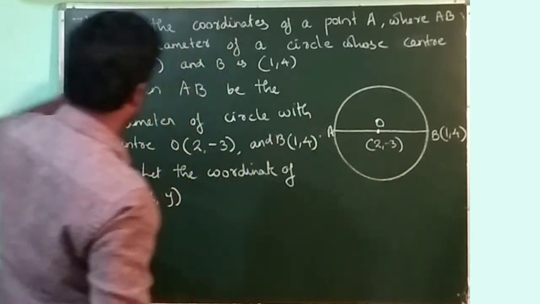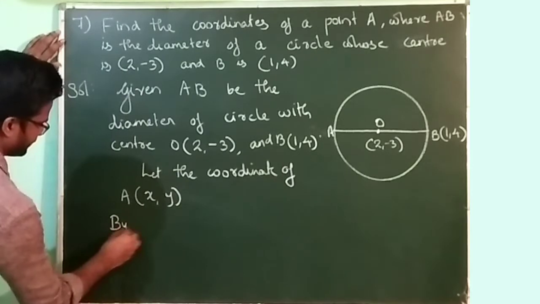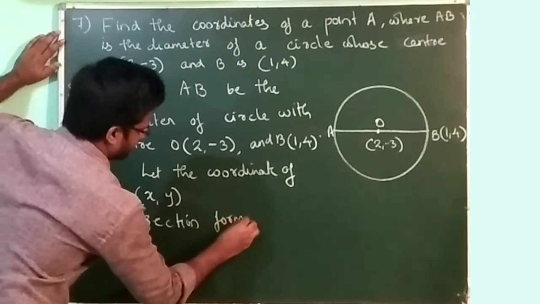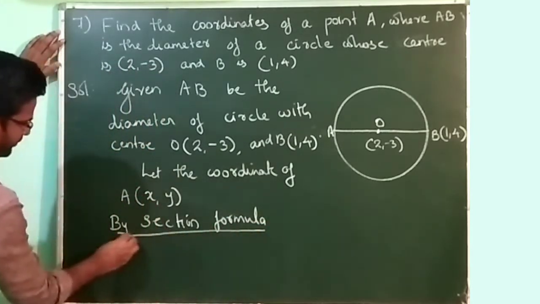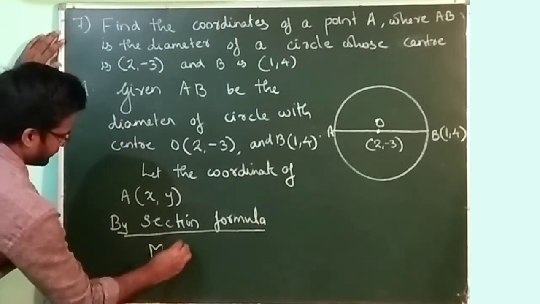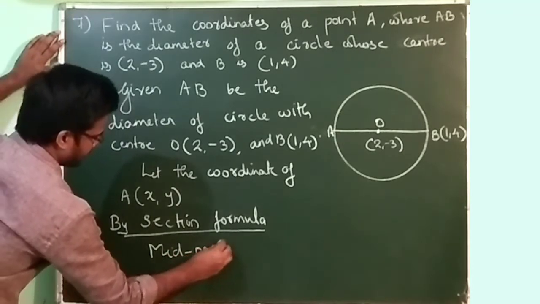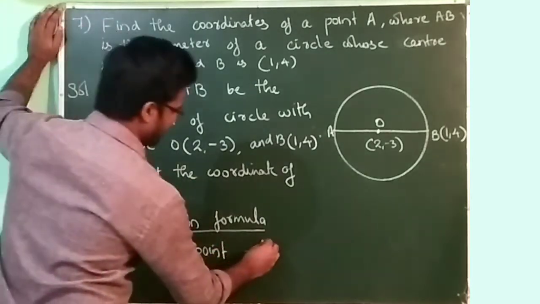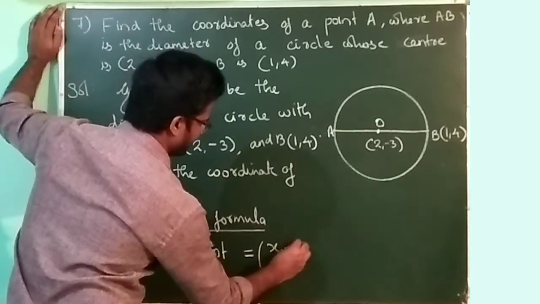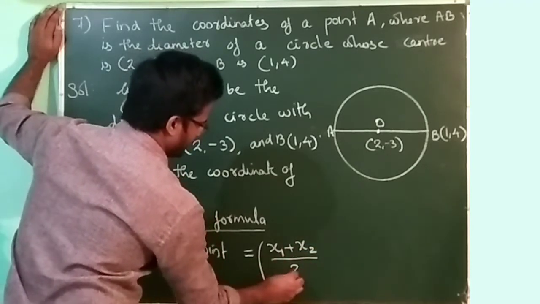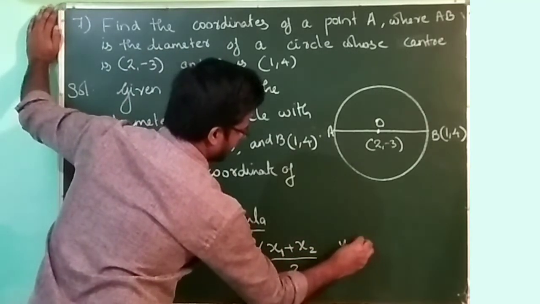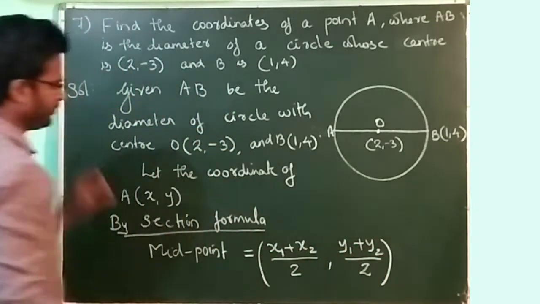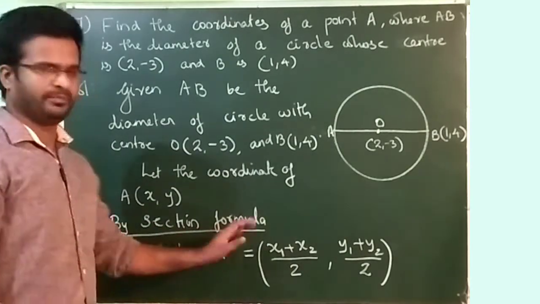Then, by section formula, midpoint equal to, how can we find out the midpoint? That is (x1 plus x2) divided by 2, then (y1 plus y2) divided by 2. This formula we can use to find out the midpoint.